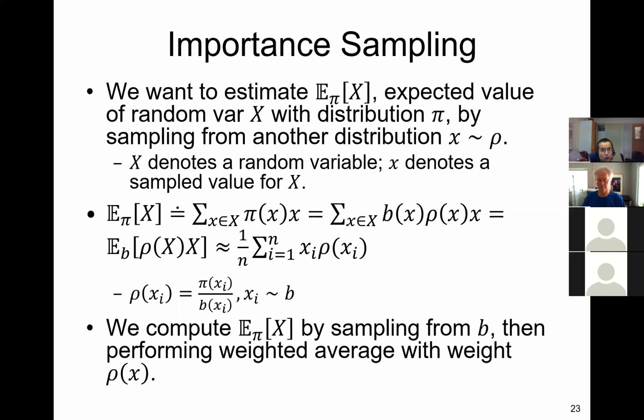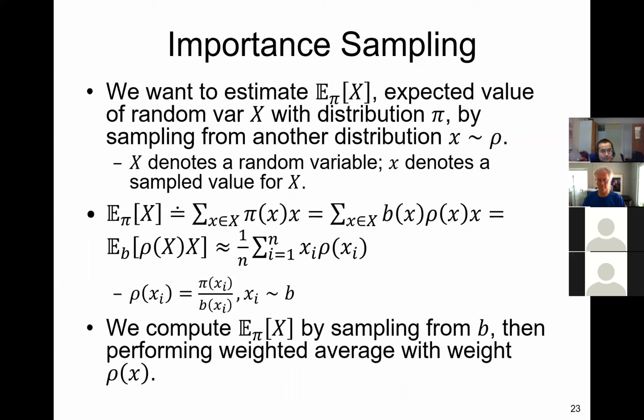Importance sampling. We want to estimate the expected value of a random variable x with distribution pi by sampling from another distribution rho. The capital X is the random variable, small x is the sampled value for x.